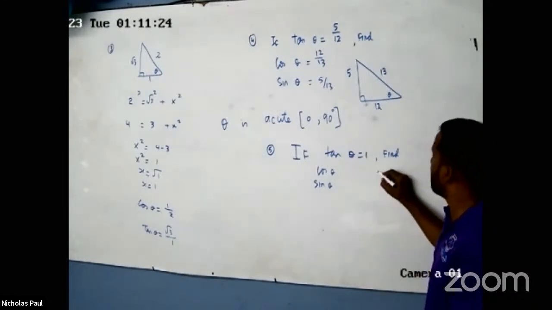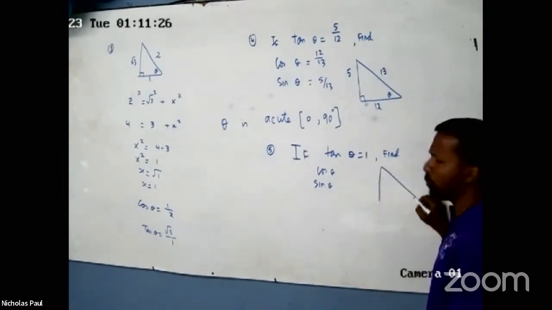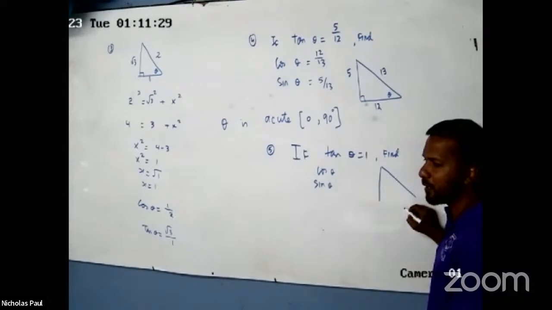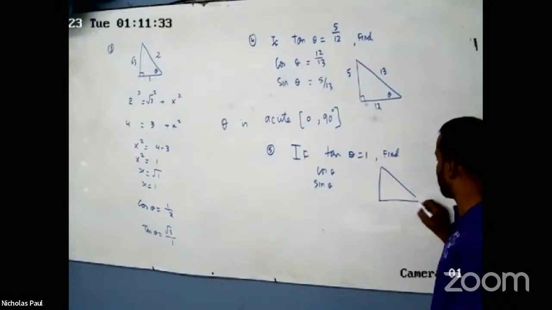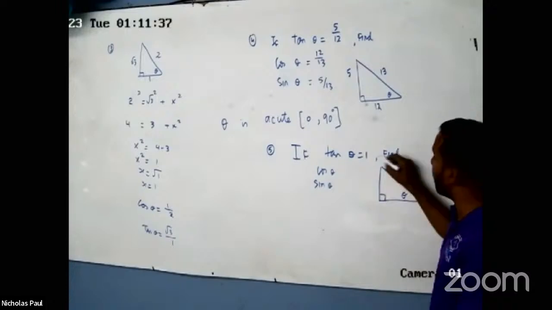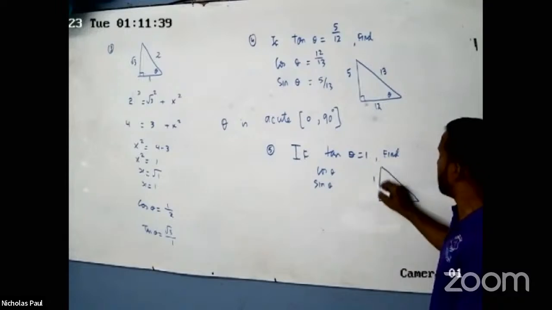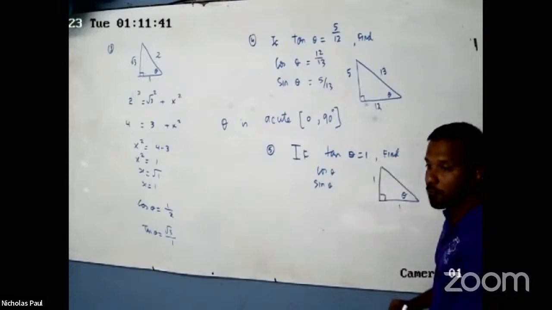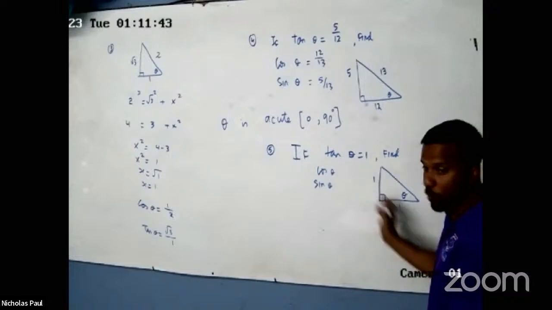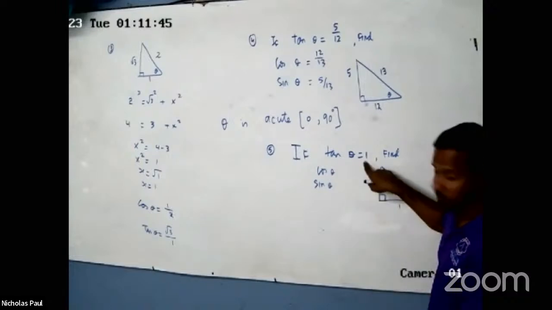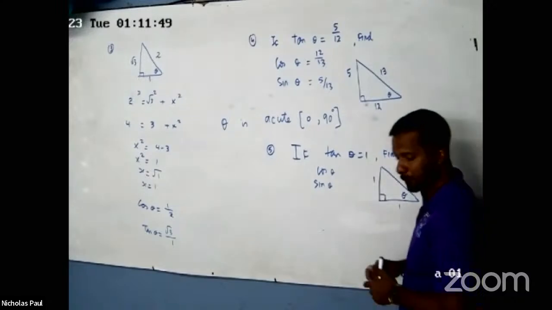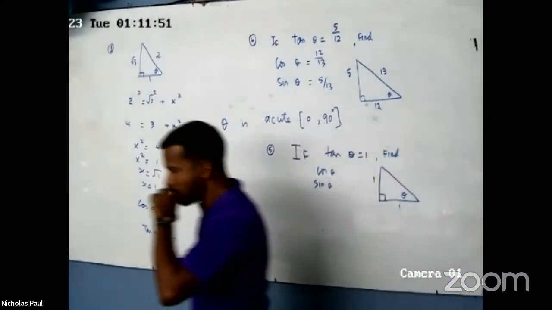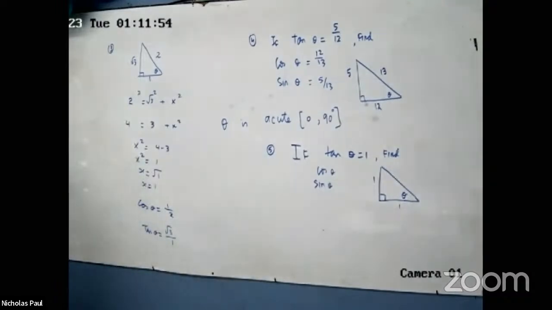And I like what Krasna did. Instead of trying to figure out what will give you one, she put 1 and 1. You can put 5 and 5, 3 and 3, 2 and 2, it doesn't matter, as long as tan theta is 1. And they will all simplify to the same thing.